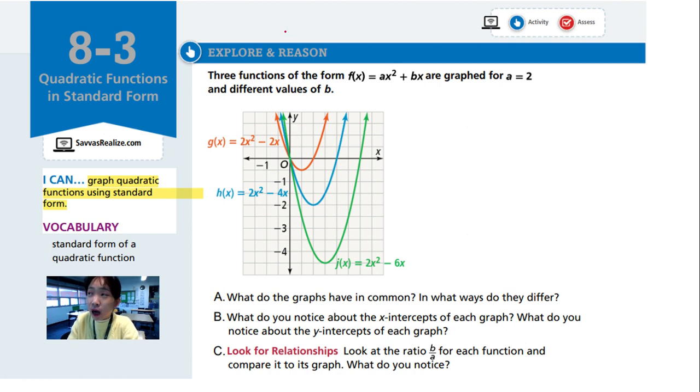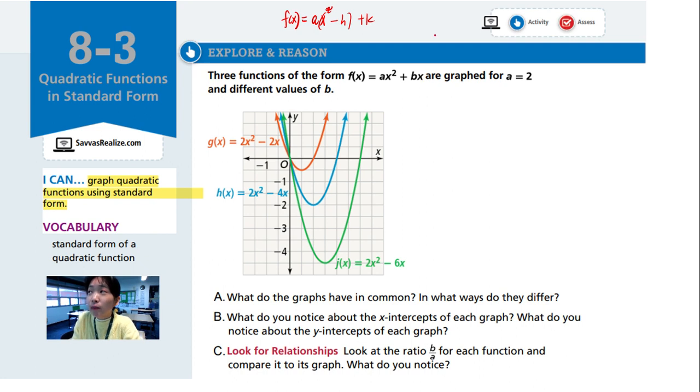If you recall last lesson, we had a quadratic function in the form a(x minus h) squared plus k, with h and k as well. But this b is going to be the coefficient of the second term.